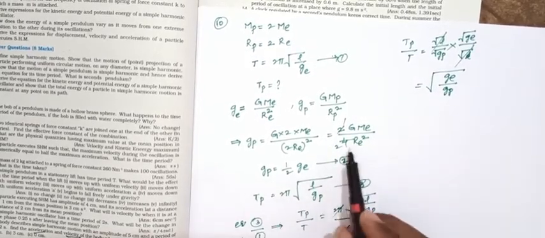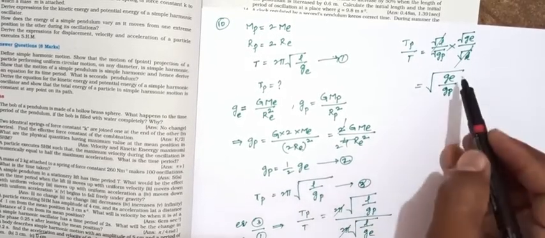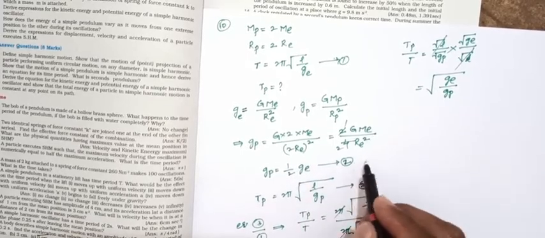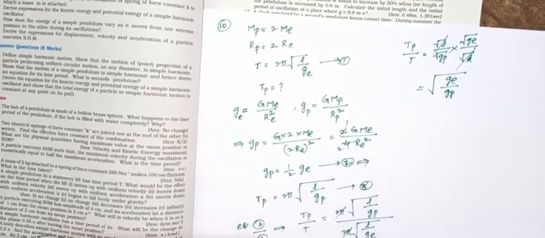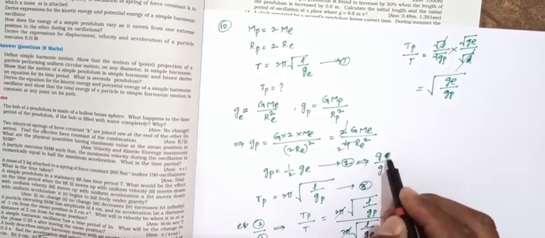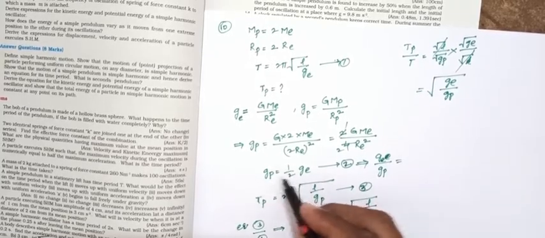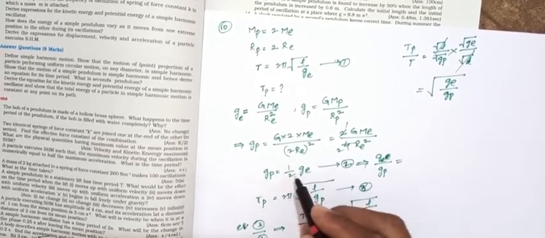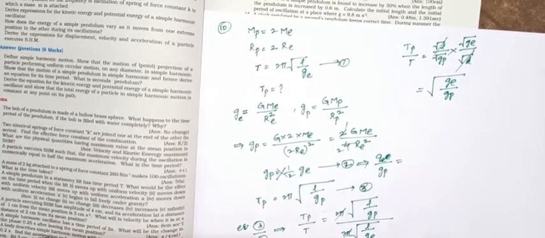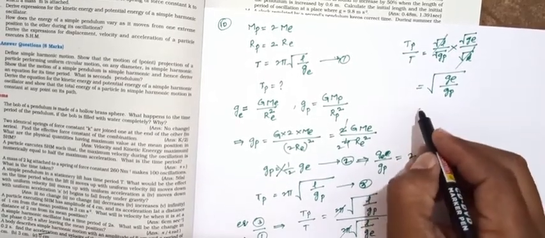So from equation number 1, ge by gp equals what? Ge by gp, cross multiplication, so ge by gp equals 2.